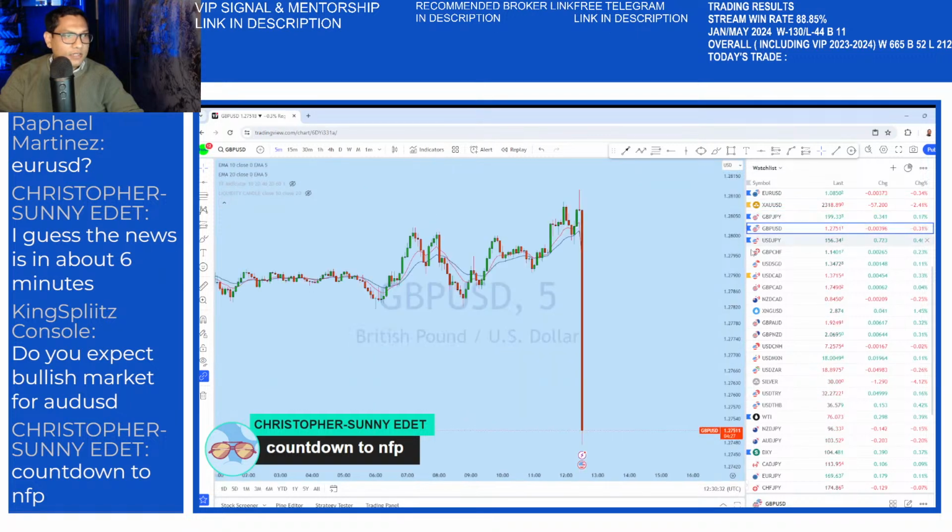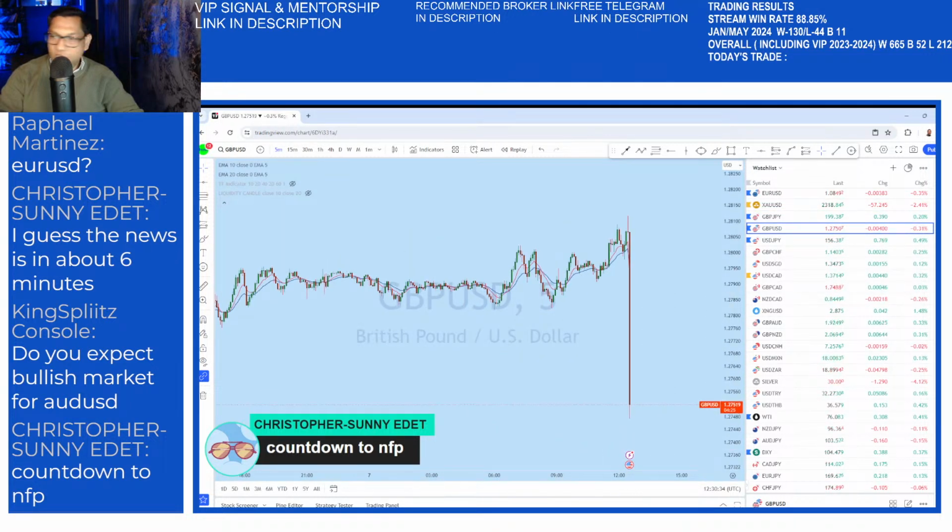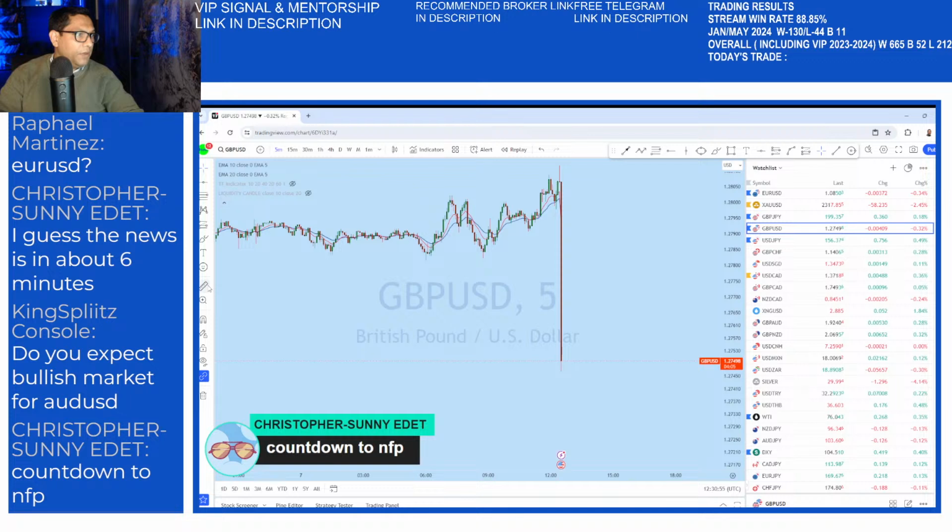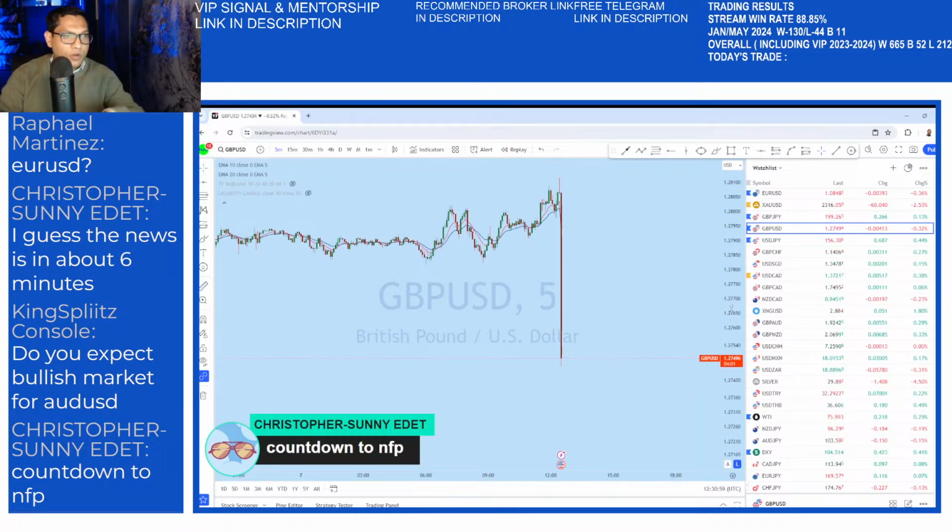So that might have broken GBP USD in the other direction. That's a massive breakdown on GBP USD. Okay, how many pip drop? 55 pip drop here.